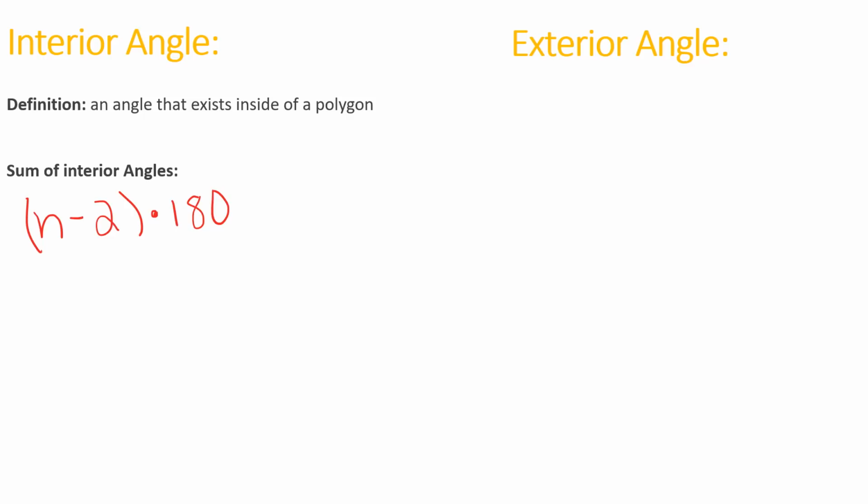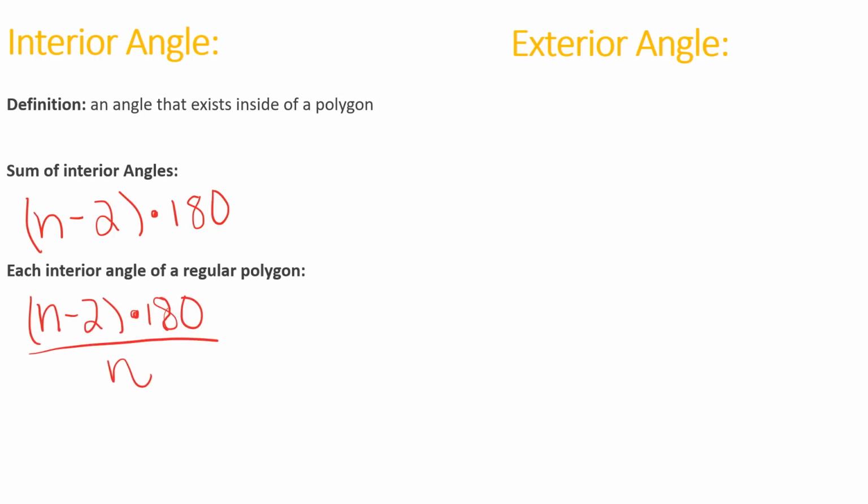So that formula is n minus 2, where n is the number of sides, times 180 degrees. And we'll explain on the next slide why this is. And then something else we're going to need to know is what each interior angle of a regular polygon would be. So then it would obviously be the sum divided by how many sides there are, or how many angles there are. So remember that n is the number of sides.